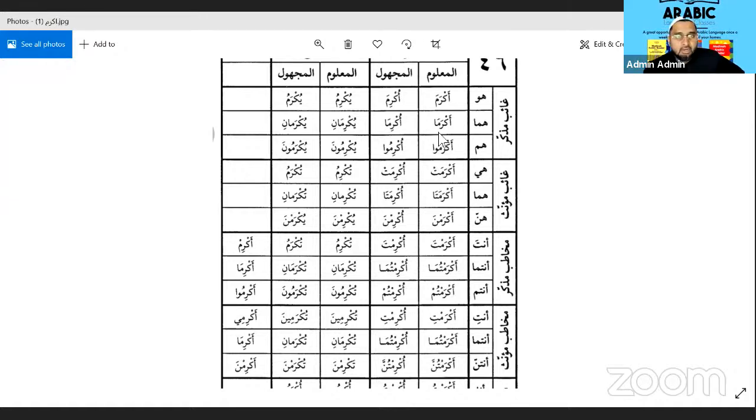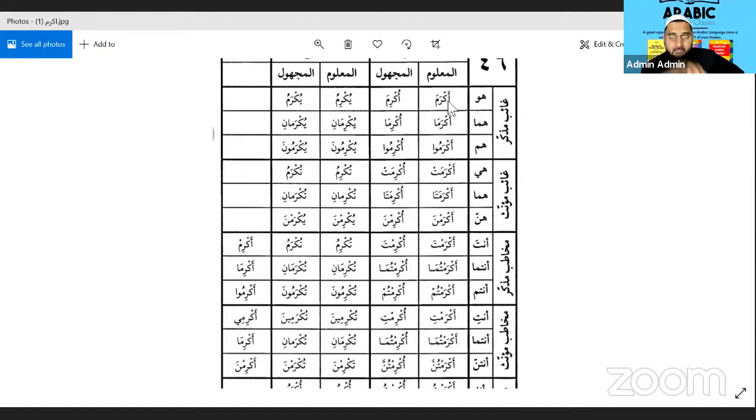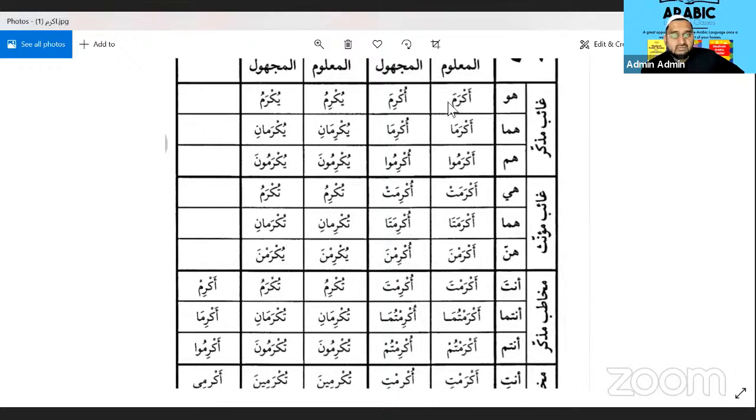Bismillah. Let's read. Come on the mic. Akrama. So here, how many letters in akrama? Four letters. Now, this is a four-letter verb, and normally in the Arabic language we have three-letter verbs, like kataba.